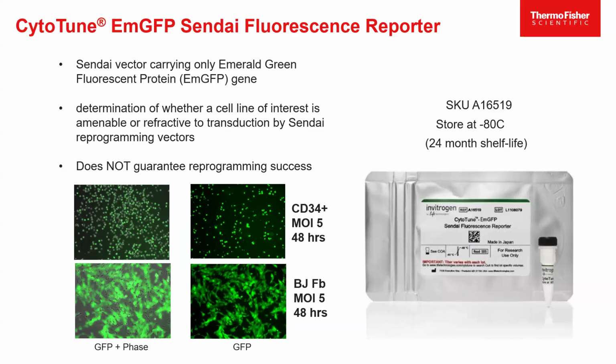There are tools at your disposal that can help you solve some of these questions. This is a good example where the Sendai virus is carrying a GFP target as opposed to the reprogramming factors. Now, this Sendai vector will not do any reprogramming, right? But what it will allow you to do is figure out at what MOI your cell type is best transduced, right?